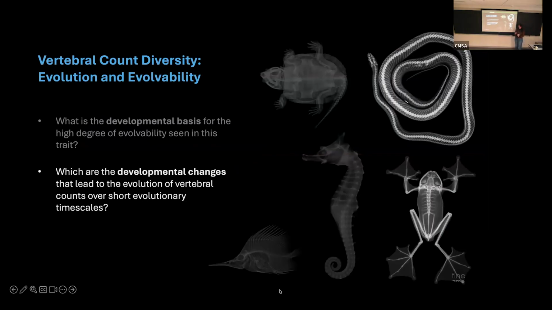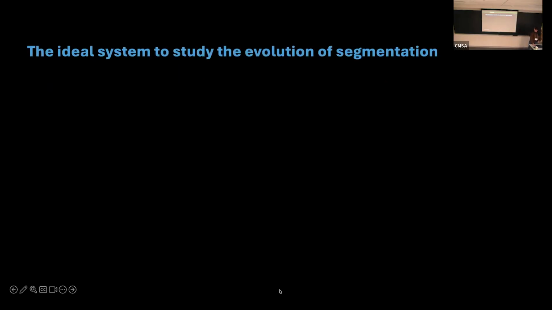We've been very good as a field at studying somitogenesis and its general principles, looking at models convenient for developmental biology: zebrafish, mouse, chick, and arthropods if you extend it. But if we want to know what changes actually give rise to increased vertebral counts, you have to look at a different set of species. I'd been looking for that set for quite a while.